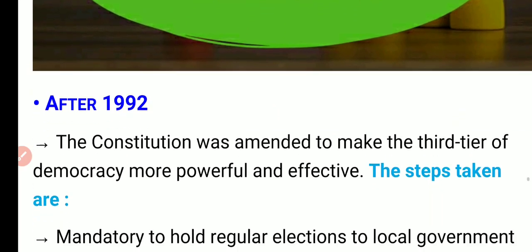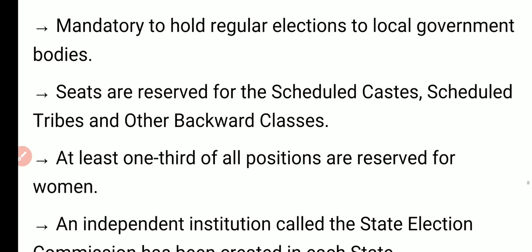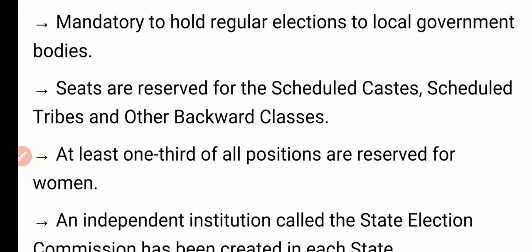But in 1992, the constitution was amended to give more powers to the local government so it could become more effective. So what changes took place after 1992? Let's find out. After 1992, many decisions were taken and the local government became more effective.